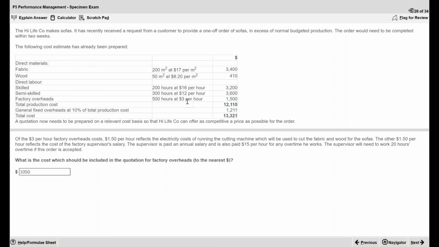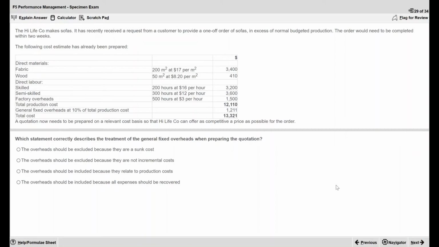Okay, so this one is factory overheads, and they ask about factory overheads. Remember, we have general fixed overheads as well here. Which statement correctly describes treatment of general fixed overheads when preparing the quotation? The overheads should be excluded because they are sunk costs. The overheads should be excluded because they are not incremental costs. The overheads should be included because they relate to production costs. The overheads should be included because all expenses should be recovered.